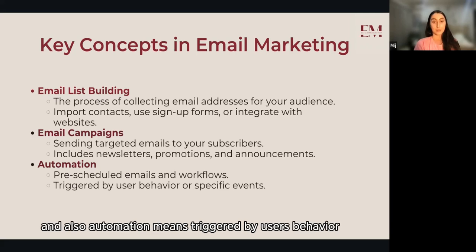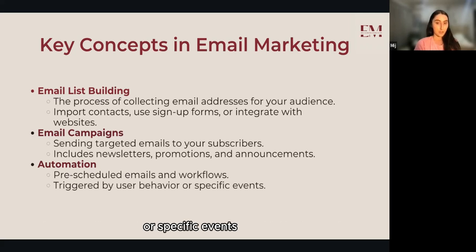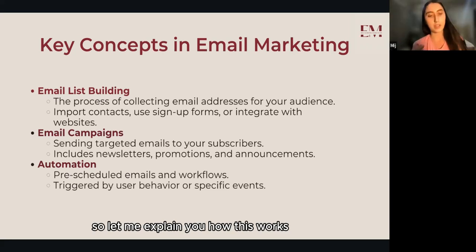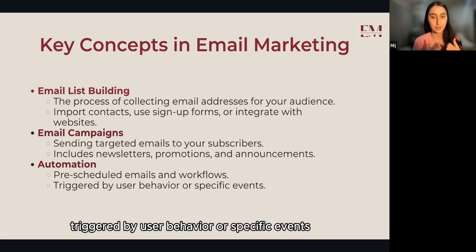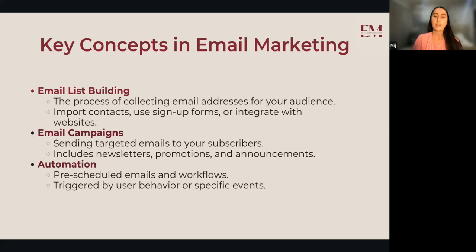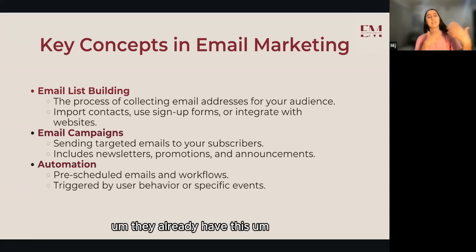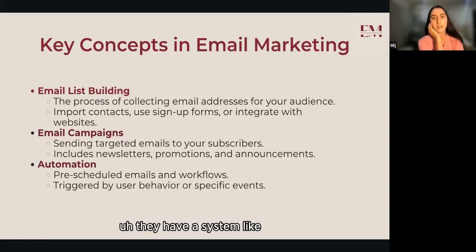And also automation means triggered by users' behavior or specific events. Let me explain how this works. Some companies already have this system in place. For example, salespeople do it a lot on ActiveCampaign.